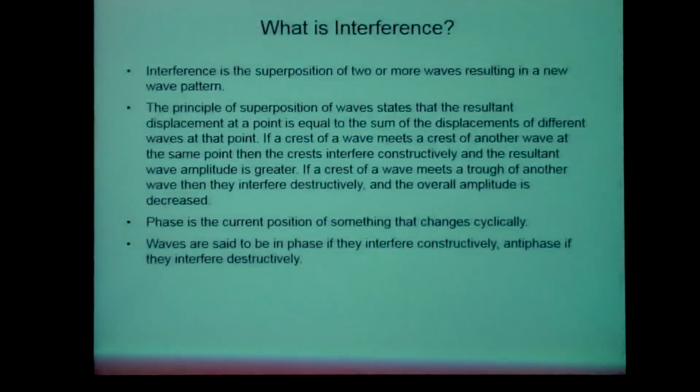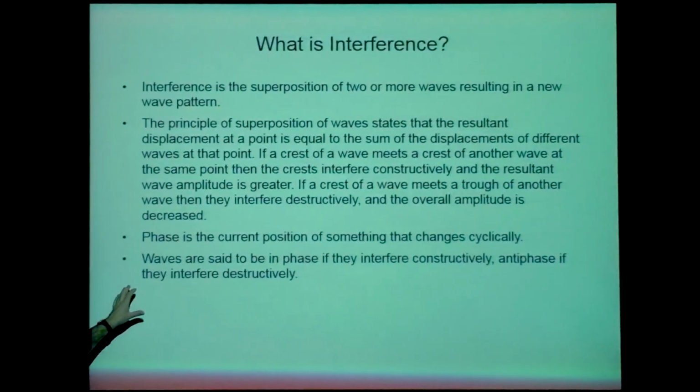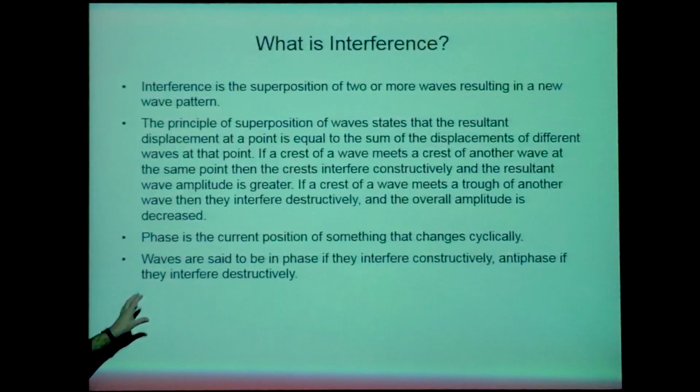Now, when the waves are in phase, that means they interfere constructively. So if I have another wave that's down here, which has the same frequency as that wave there, if I have those together, and we'll say that's 1 and 0, what I get is another wave out where the amplitude is 2.